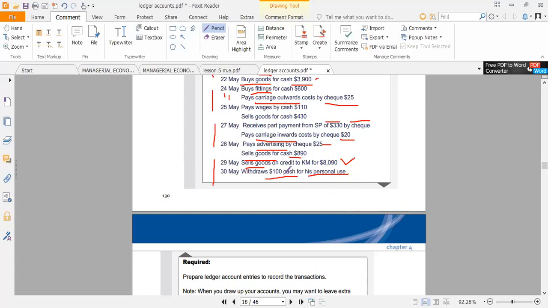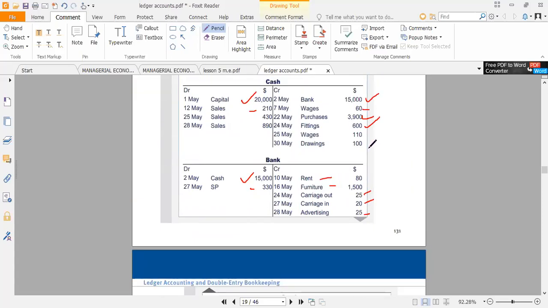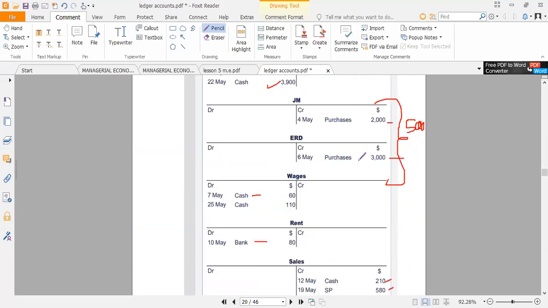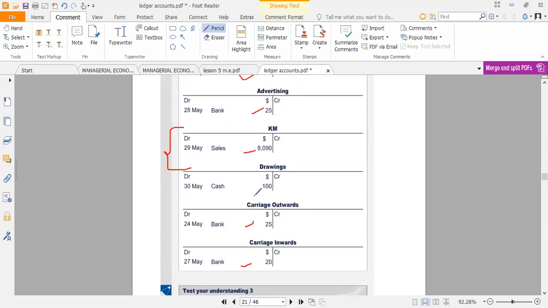So the cash account is debited. No, credited. Credited is giving out. And the drawings account is debited. Okay, good. So $100 is given out. Then the drawings account, we are going to debit. Good.